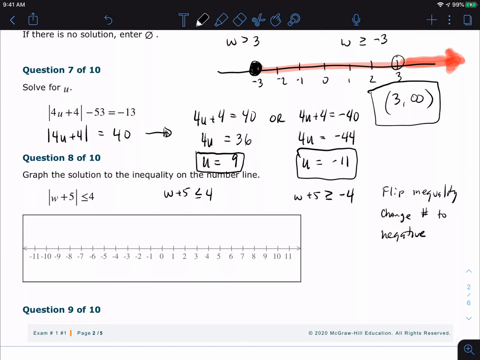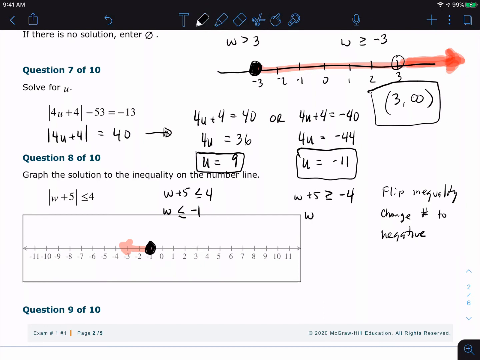Does that make sense? So here I'm going to end up with w is less than or equal to negative 1, so that's going to be filled in, and I'm going to go this way with it.